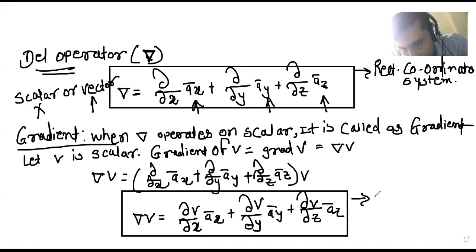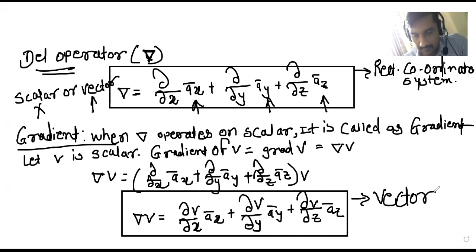If you observe this gradient, can someone tell me whether it is a vector or scalar? Correct, it's a vector quantity. Now, just to summarize, del operates on a scalar quantity. We call it a gradient, and gradient always results in a vector quantity.